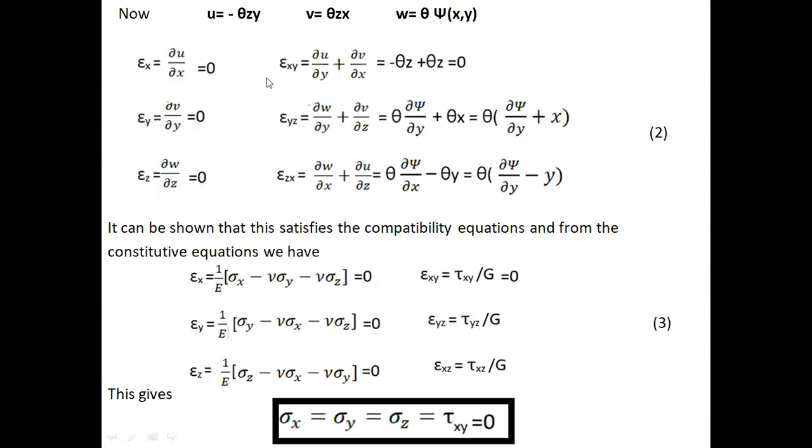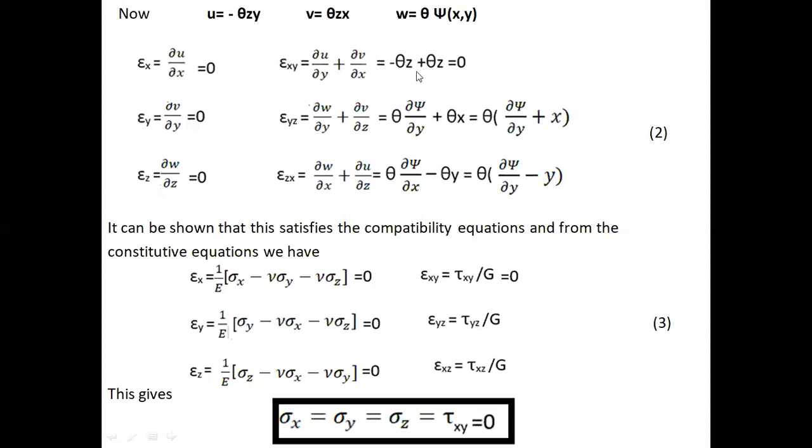Now, let us find out the shear strains. Epsilon xy, as we know, is del u by del y plus del v by del x. Del u by del y, differentiating u with respect to y, gives minus theta z. And del v by del x, differentiating v with respect to x, gives theta z.